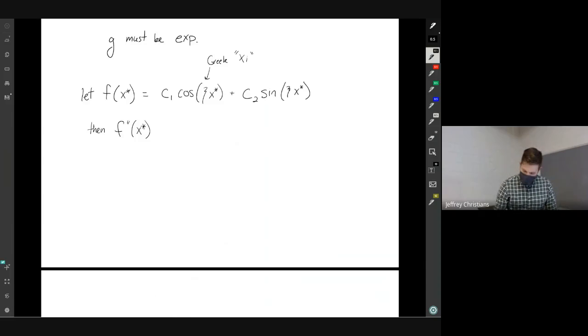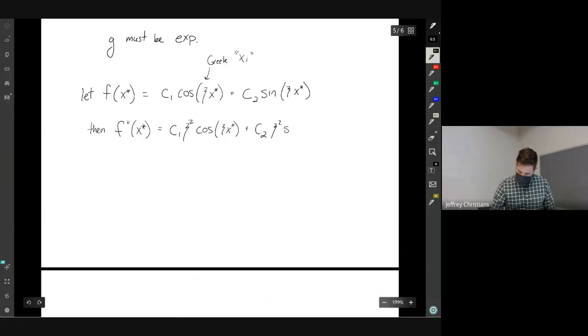So you get C1 c squared cosine c x star plus, and you get the same thing with sine. So you take the two derivatives, you get that constant popping out in front twice. Sine c x star.